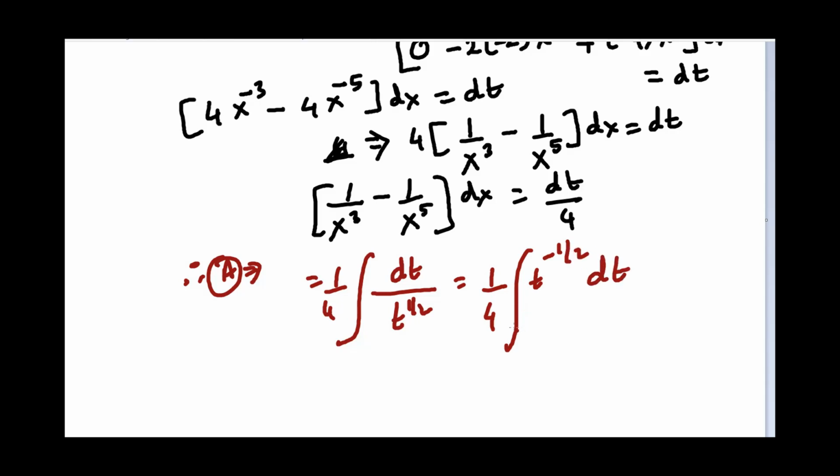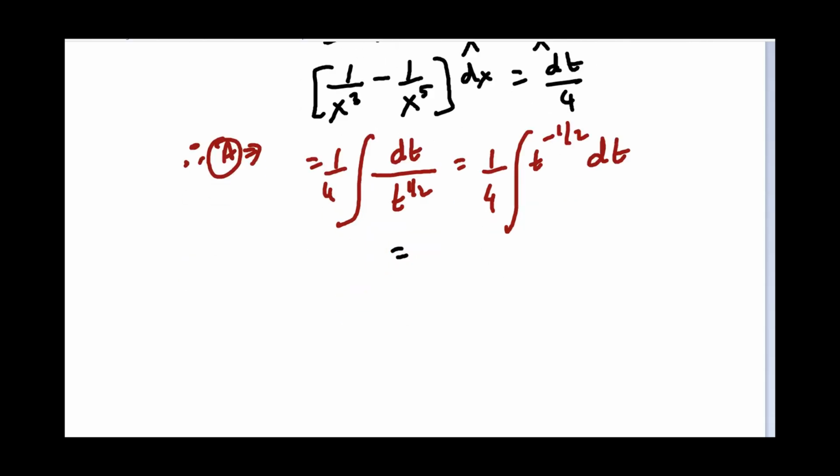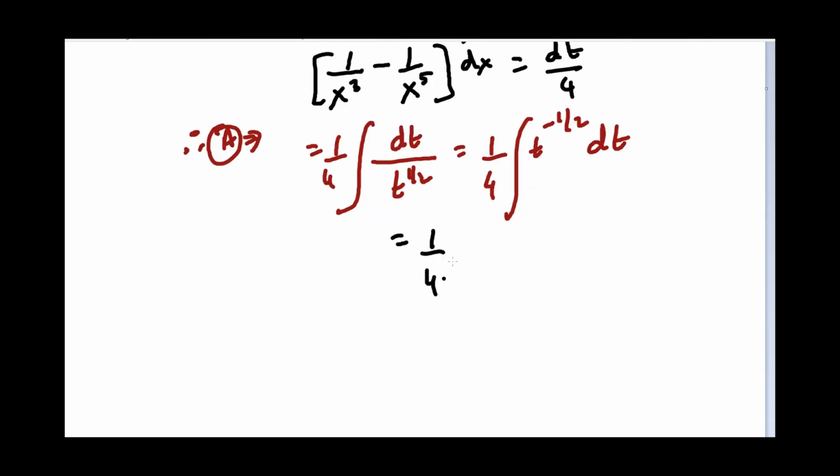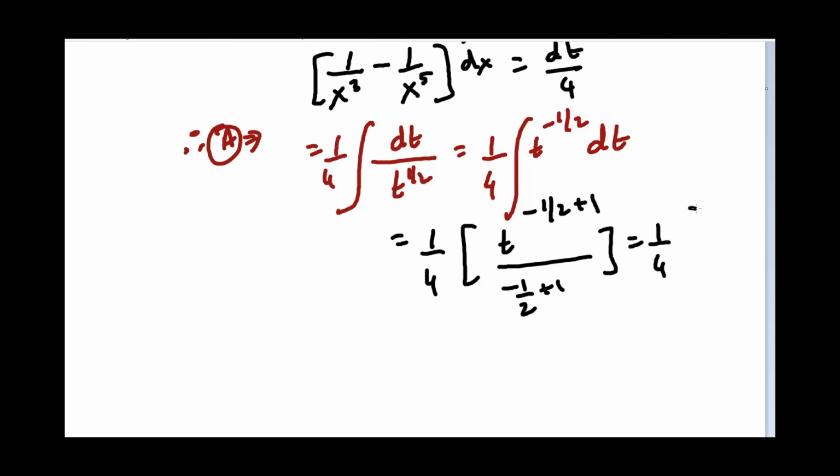If you were to integrate this, this is going to give me 1 over 4 times t raised to the power of negative 1 over 2 plus 1, divided by negative 1 over 2 plus 1. Now this will give you a positive 1 over 2 and a positive 1 over 2.